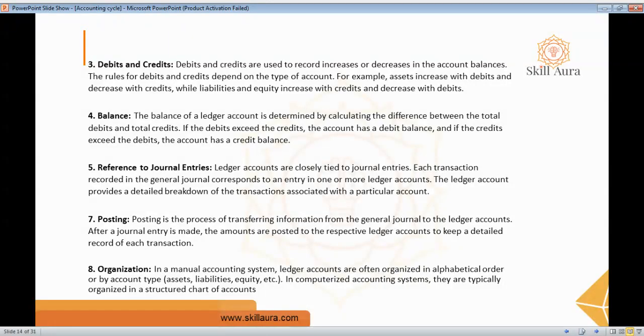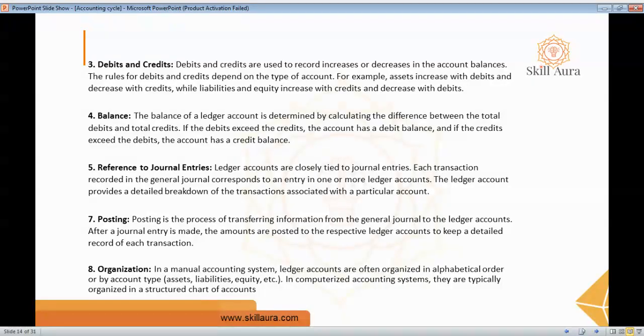So you have to have the journal entries. Each transaction recorded in the journal entry corresponds to an entry in one or more ledger accounts. As I told, it will be in the debit column and credit column also. The ledger account provides a detailed breakdown of the transactions associated with a particular account.